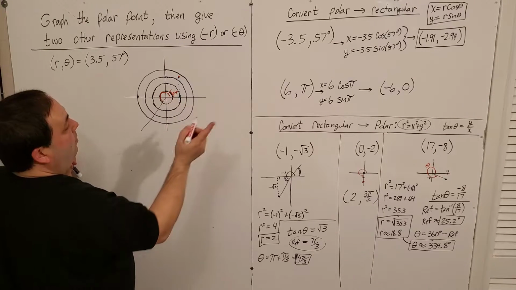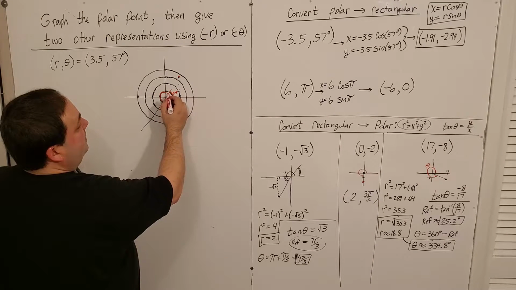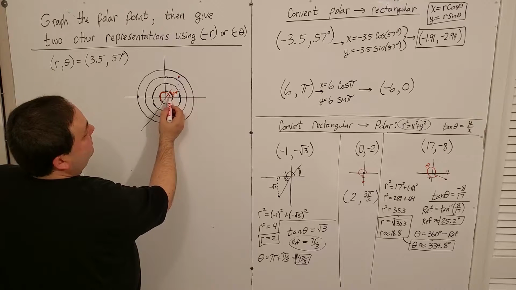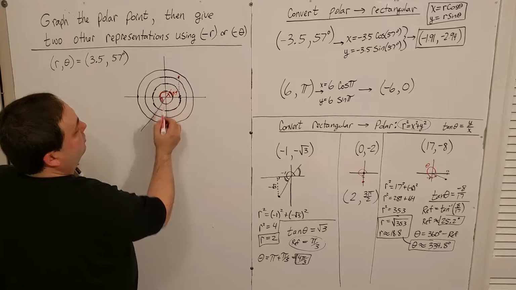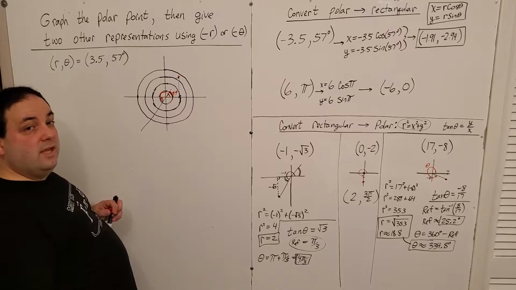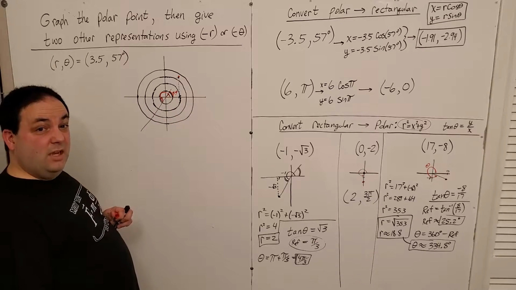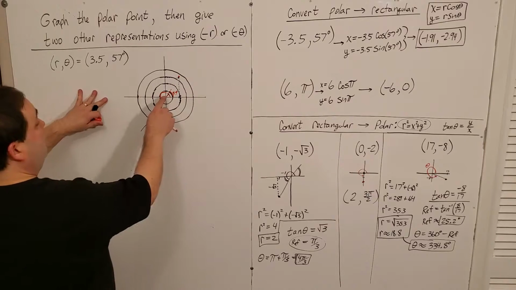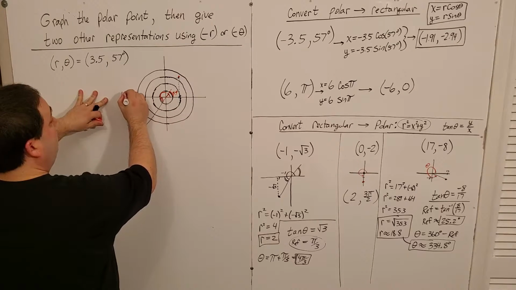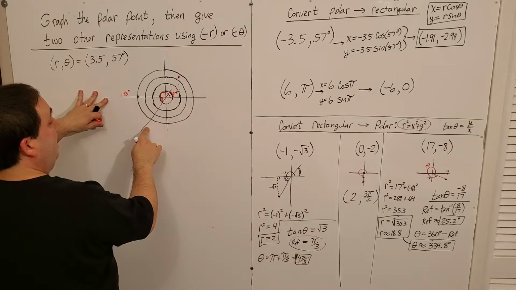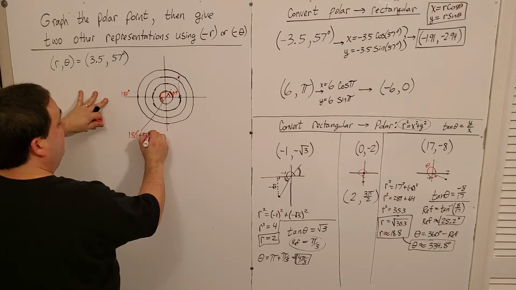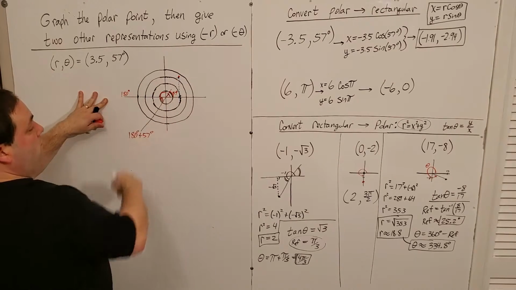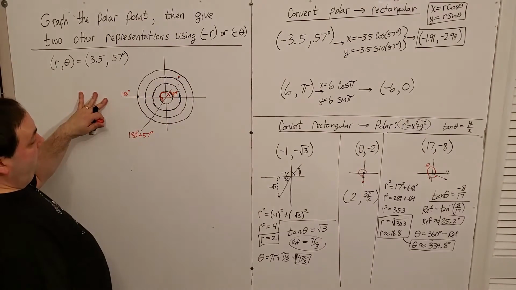But the symmetry of this thing shows me that this 57-degree angle is here, and it's also down here in quadrant 3, almost exactly like a reference angle. So this is 180 degrees right on the axis. So this line right here would be 180 degrees plus 57 degrees more, by the symmetry argument.